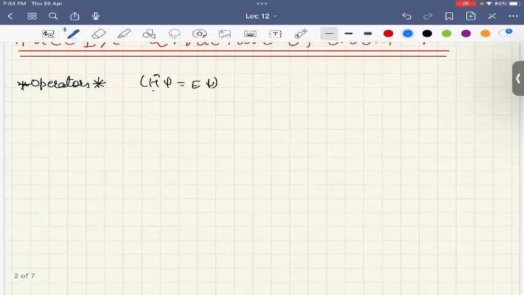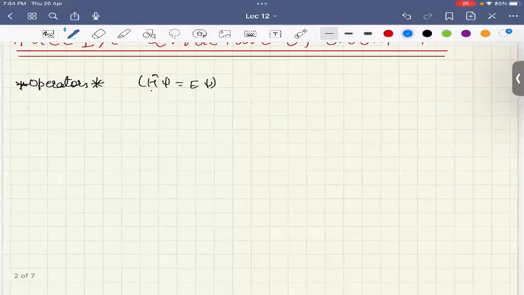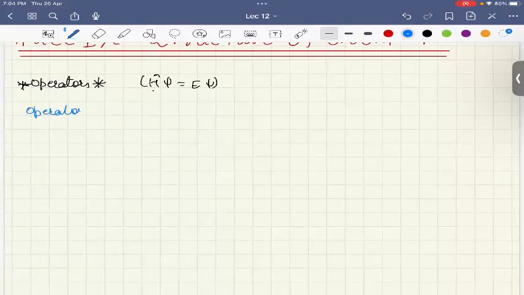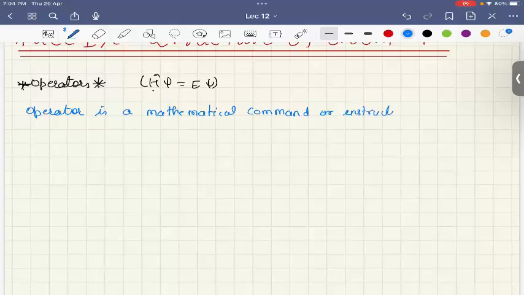So an operator is a mathematical command or instruction which acts on a mathematical function.